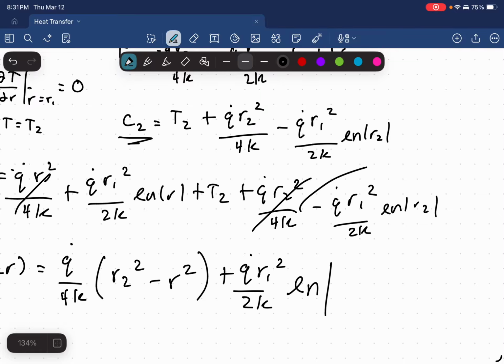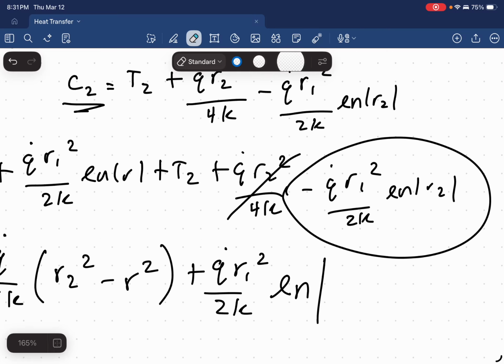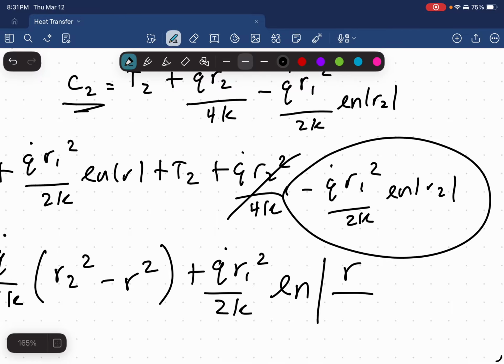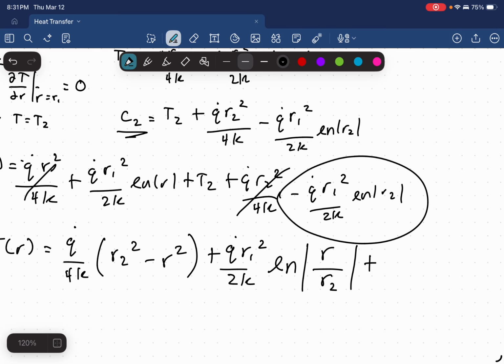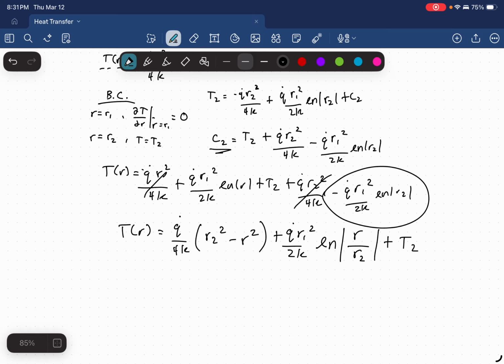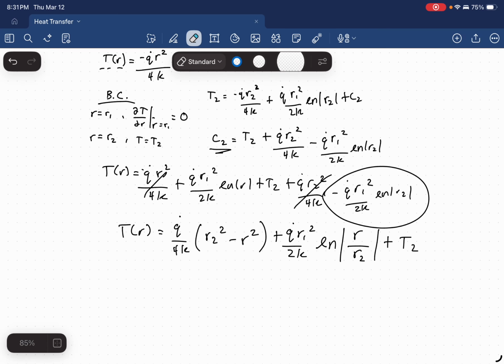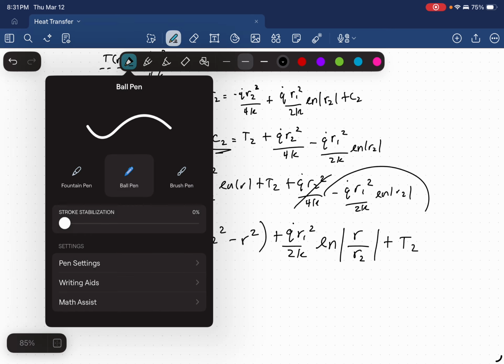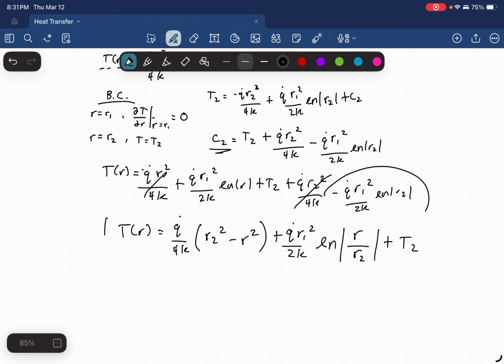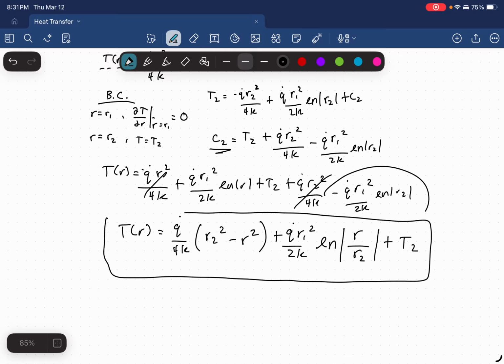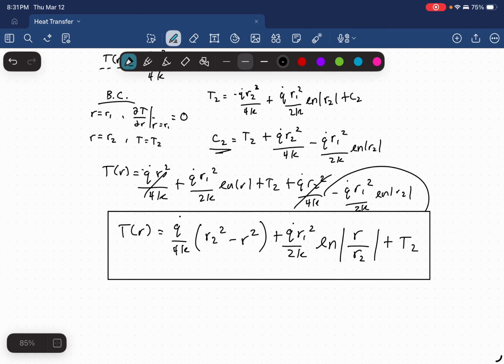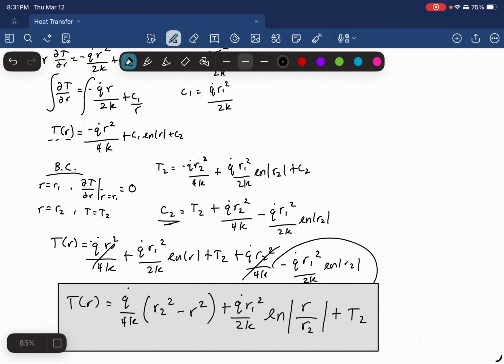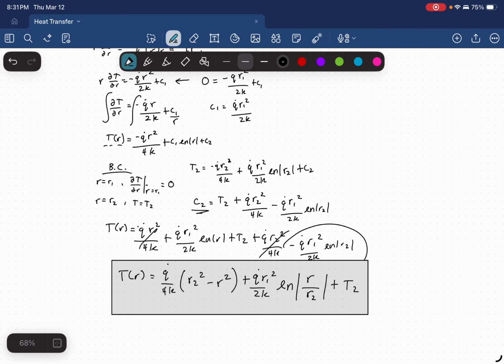Since this one is negative right here, we're going to divide the radius by this R2. And then finally plus T2. So this right here is your T of R equation for this problem. So that's the second answer.